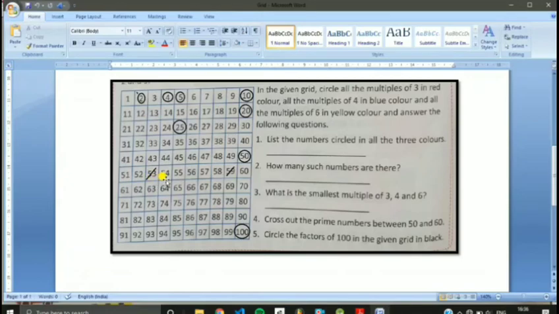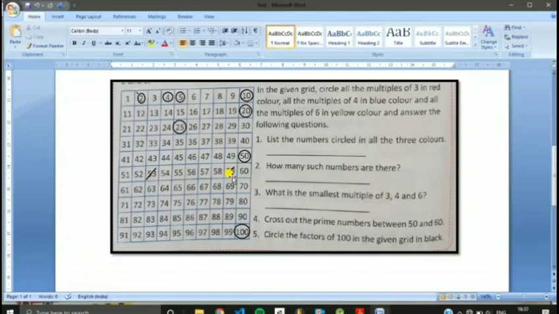54, again having more than two factors. 55 having more than two factors, not a prime. 56 again having more than 2 factors, so not a prime number. 57 having more than two factors. 58 having more than two factors, so they all are not prime. Now comes 59. 59 is a prime number, it is having only two factors, 1 and the number itself.